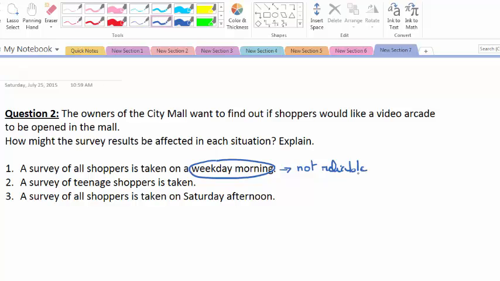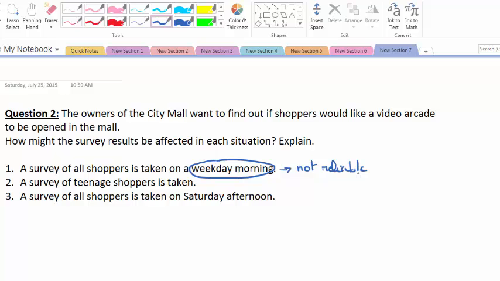It's taking only a part, or a sample, of the population, not a fair group of people. The time that they chose, the weekday morning, is not a good time to take a good sample of the population.